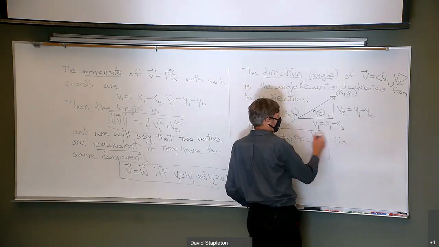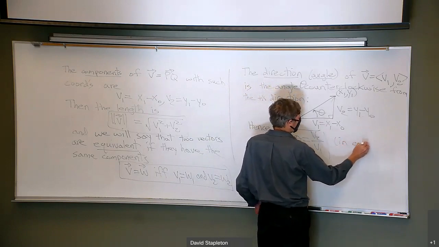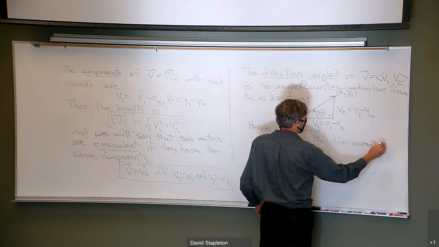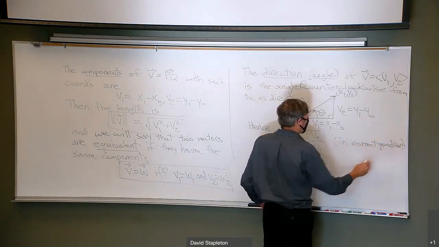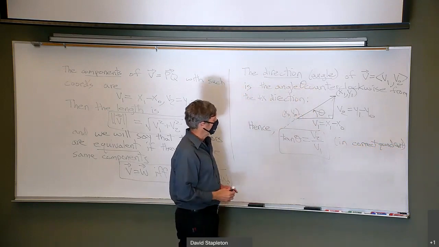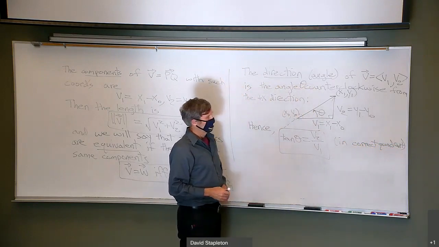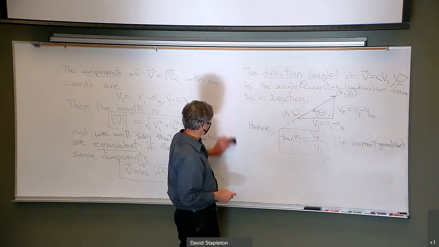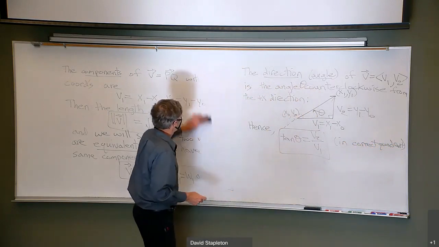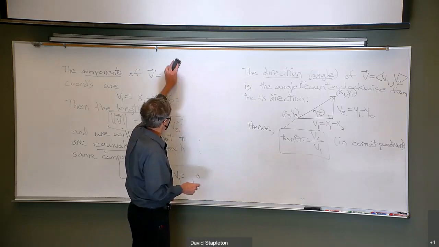We don't want to pick the one in the opposite quadrant. People like to write this relation because it's easy to write down, but to actually calculate it, it's a little more thinking.